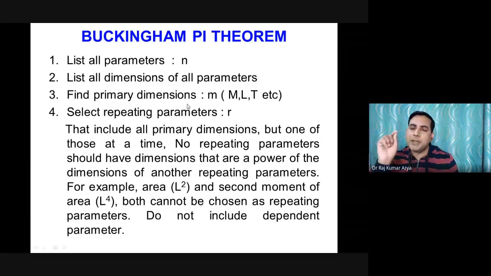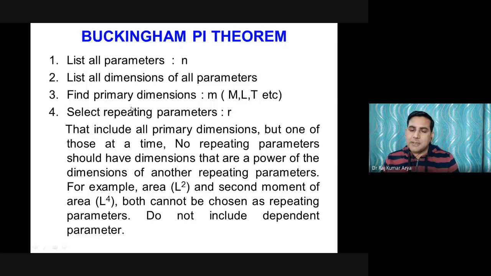How many primary dimensions are involved in all parameters, whether you have only M, or only length, or only T, or all of them. Count them, for example mass, length, temperature, time. Count everything. That is denoted as m.